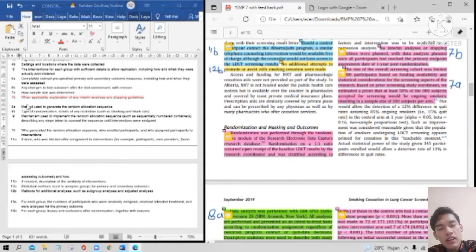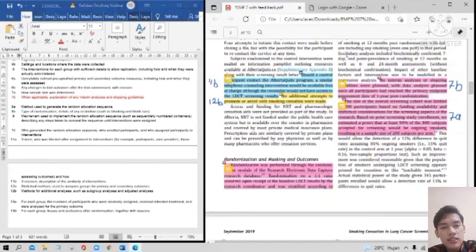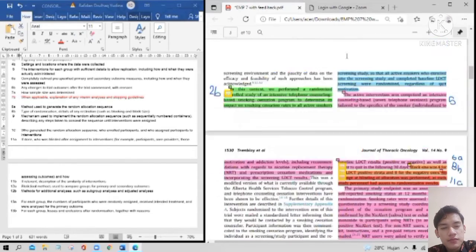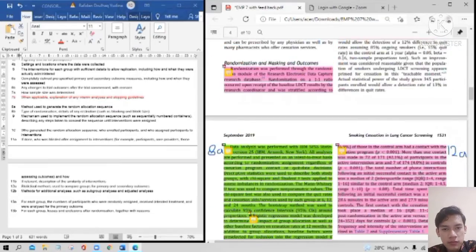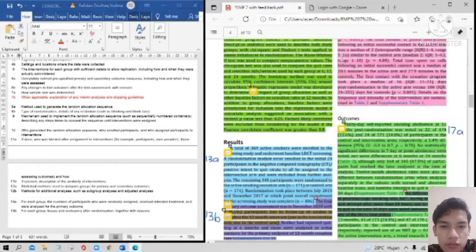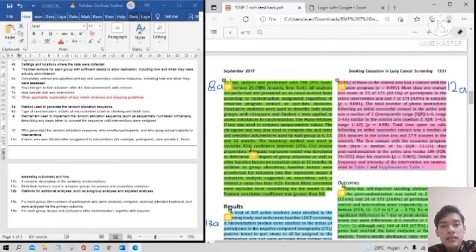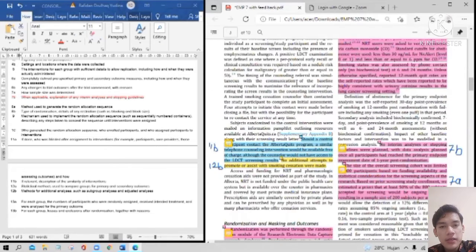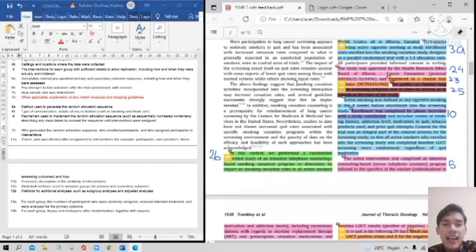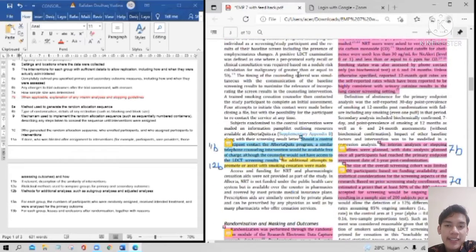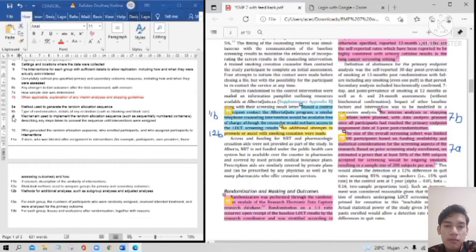And for number 8A, method used to generate the random allocation sequence. You can see on page 3 that it is highlighted with green color. You can read that, that is checklist number 8A. And for number 8B, type of randomization, details of any restriction such as blocking and block size.